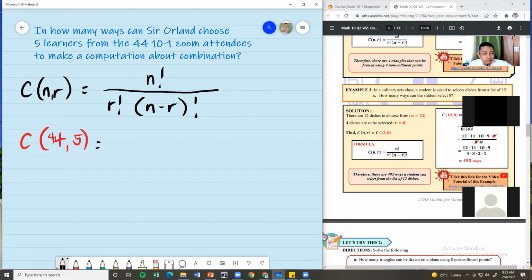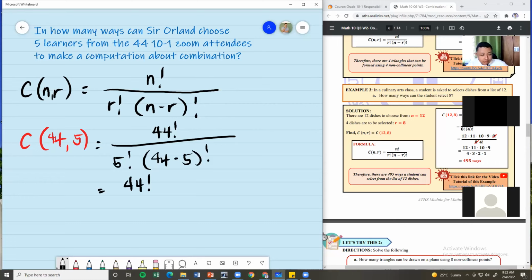This will be equal to 44 factorial over 5 factorial times 44 minus 5 factorial. So this will become 44 factorial over 5 factorial times 44 minus 5, that is 39.